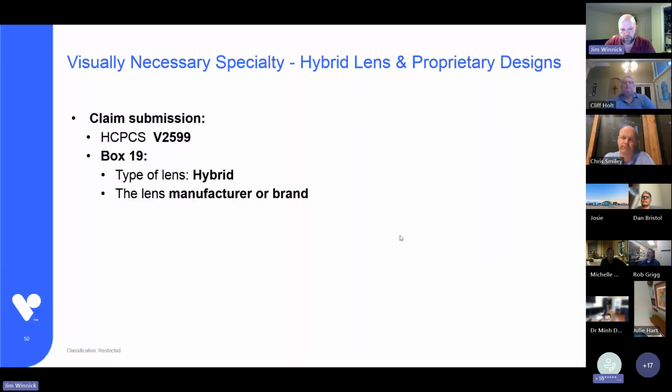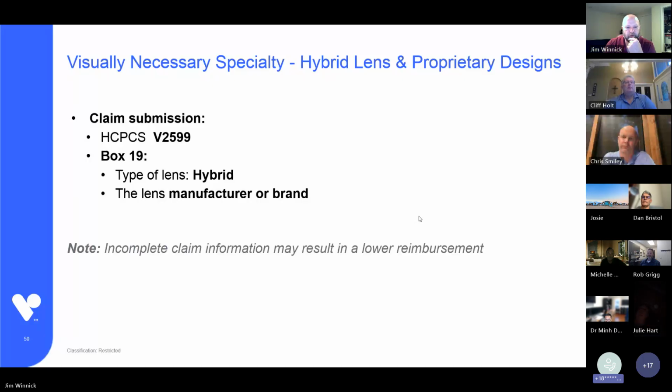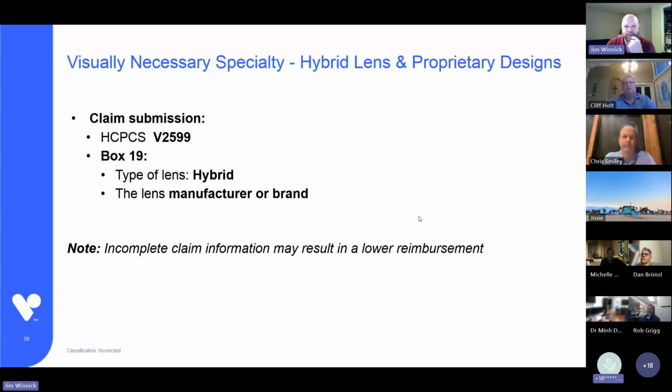They have higher costs and higher acquisition costs, and usually higher skill sets when it comes to the fitting. So they are eligible for higher reimbursement levels because of that. Again, if you don't put in that you're doing a hybrid or a proprietary design, you'll get bumped all the way down to a basic spherical gas perm if you were trying to do a rigid lens.